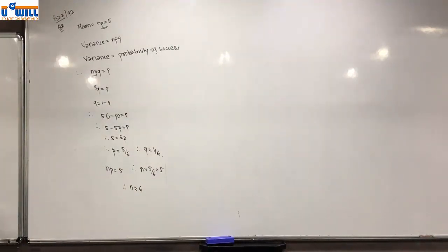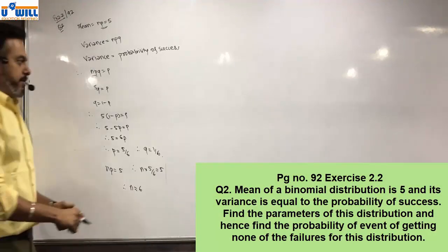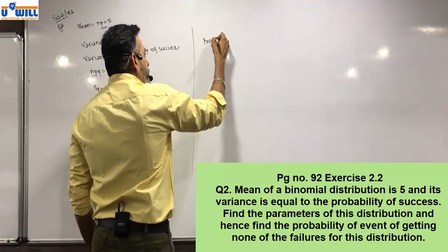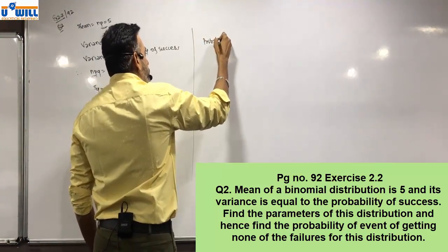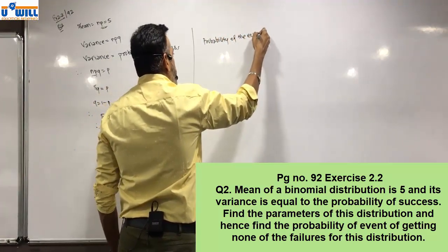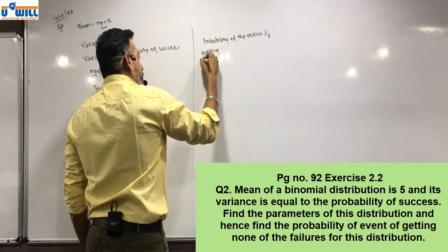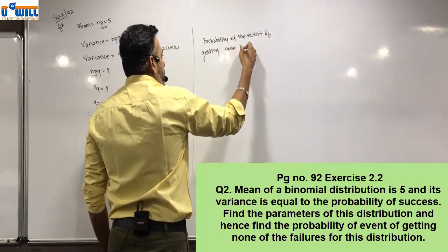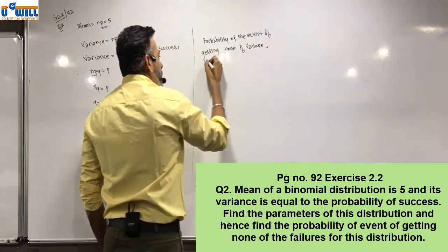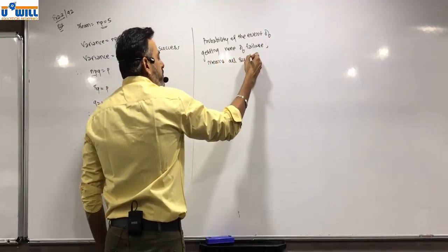Find the probability of the event of getting none of the failure. So, probability of the event of getting none of failure means all success.